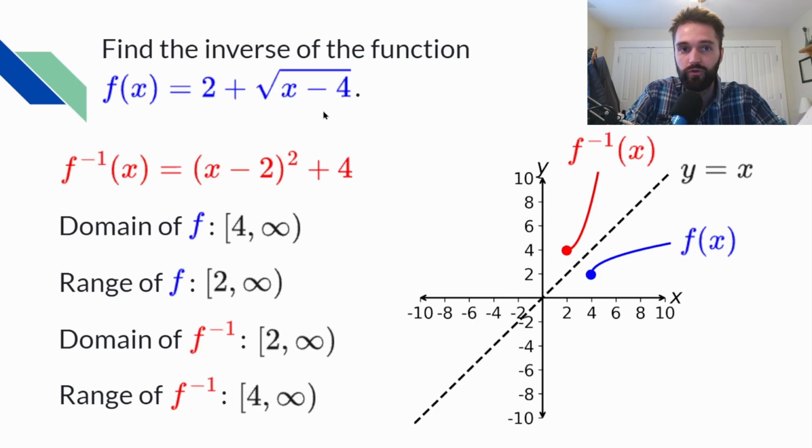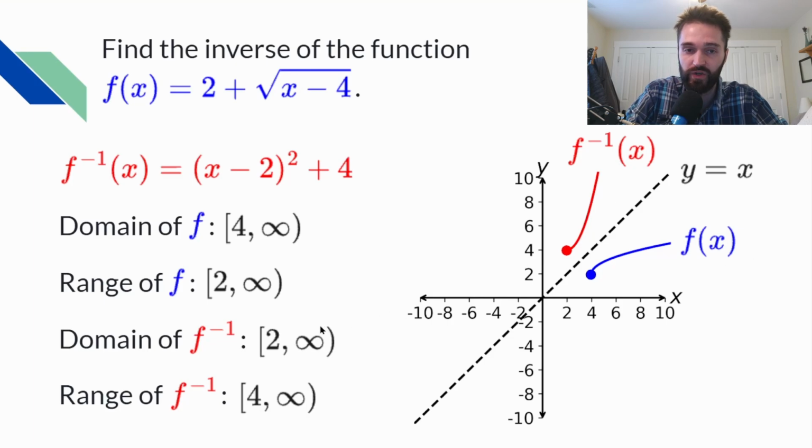Okay, so the blue curve looks like this swoosh that we've seen before, right? And this inverse curve is part of a parabola. It's a parabola with a restricted domain. The domain is restricted to be 2 to infinity, right? The x values go from 2 to positive infinity.